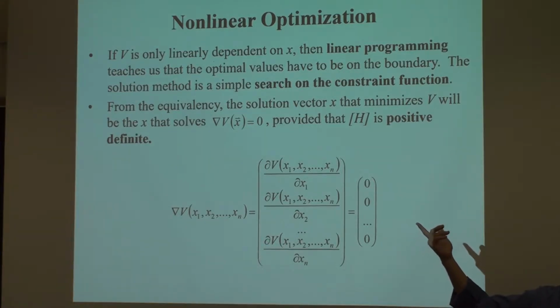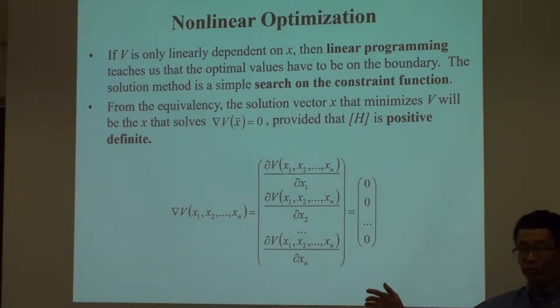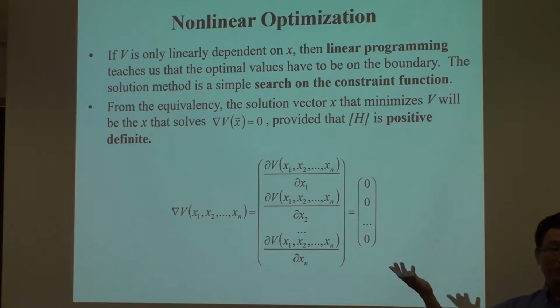If everything is linear, nothing else in the middle can happen. So linear programming teaches you that if your v is a linear function of your independent space, the optimal happens at the boundary. You have a constraint function for the boundary, you search on the boundary, and you get the optimal point.